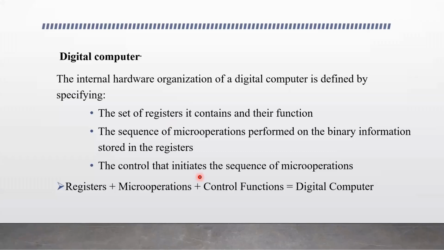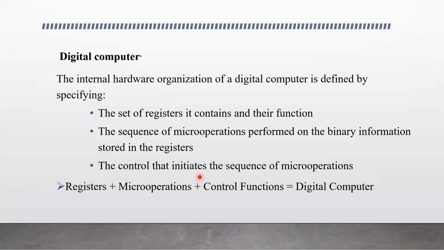All this is defined by specifying these components: the set of registers and their functions, the sequence of micro operations performed on the data stored in the registers, and the control that initiates the sequence of micro operations. These define the digital computer.